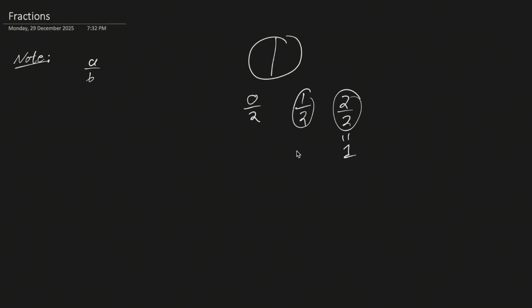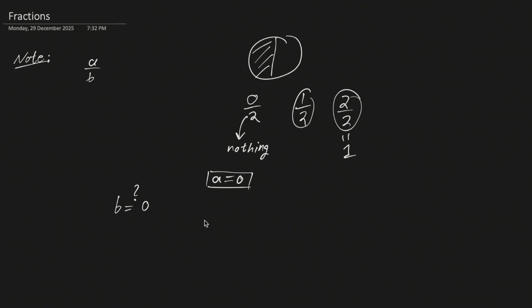So a can take the value 0, right? But can b equal 0?